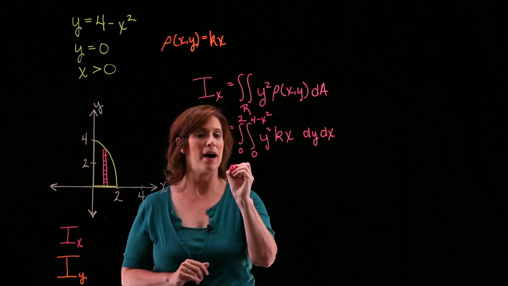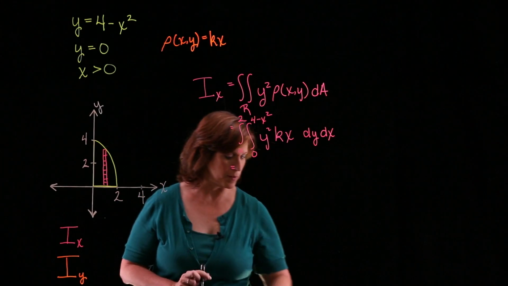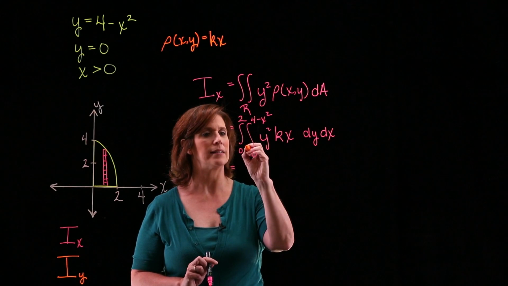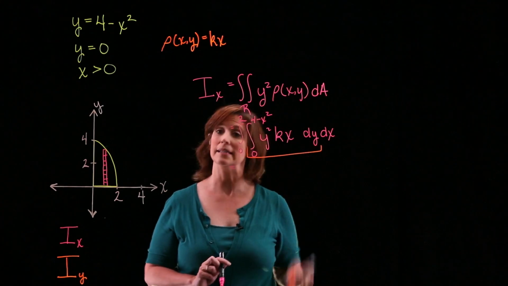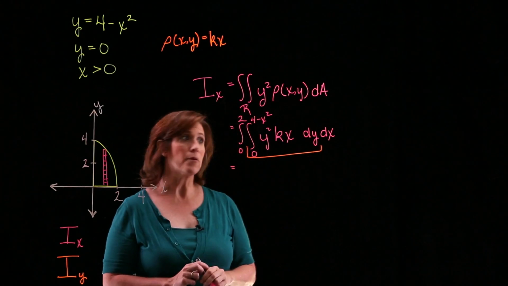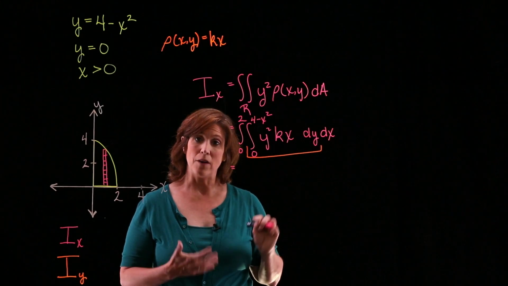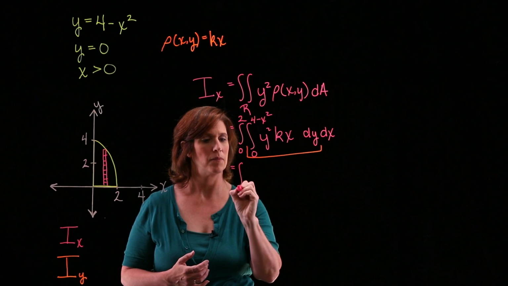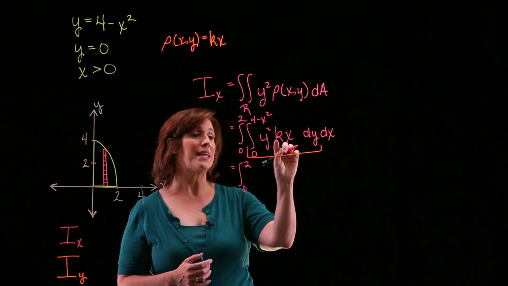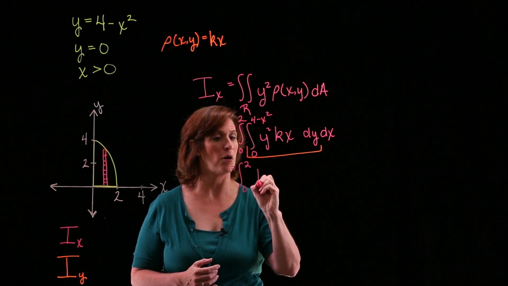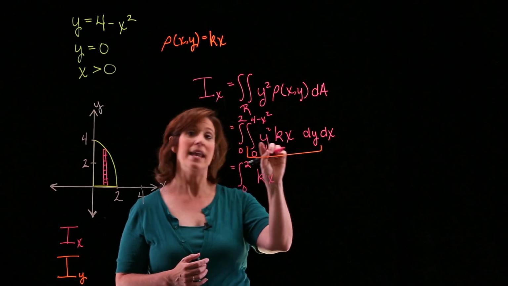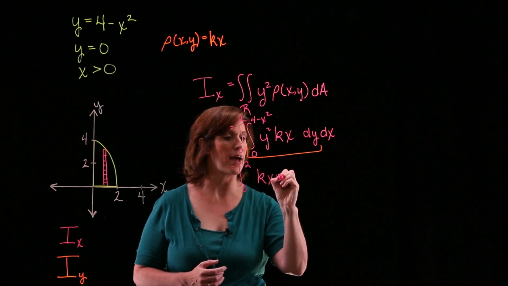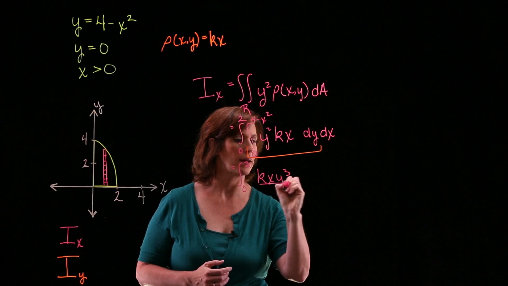Okay, now that I have my integral set up, I'm going to begin by looking at the inside integral. Now remember, y is the variable of integration, so I'm going to be treating x as if it's a constant. So the k and the x are constant multiples that can be pulled out, and integrating y squared, I get y cubed divided by 3.